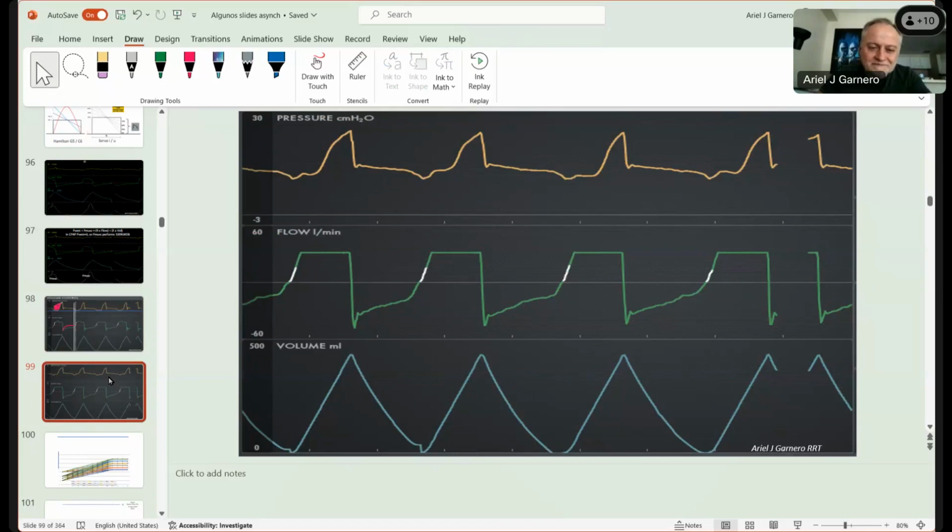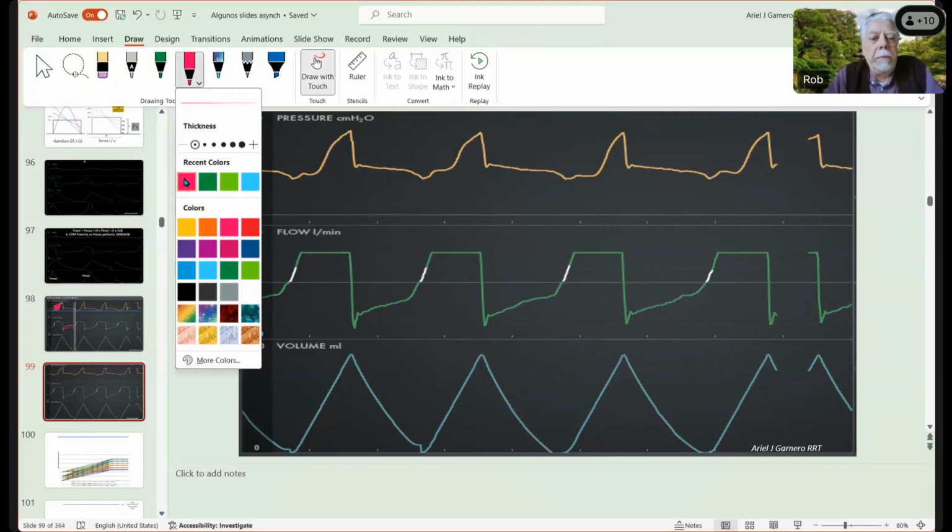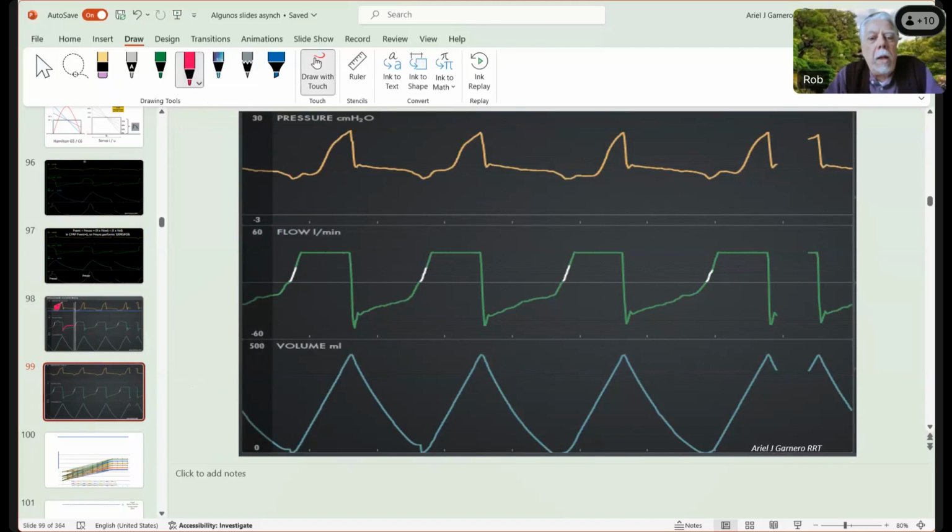Okay, so we still have the situation where the patient looks like a high respiratory rate. They're still making inspiratory efforts early in expiration. So that's causing them probably to have an increased effort to trigger inspiration.